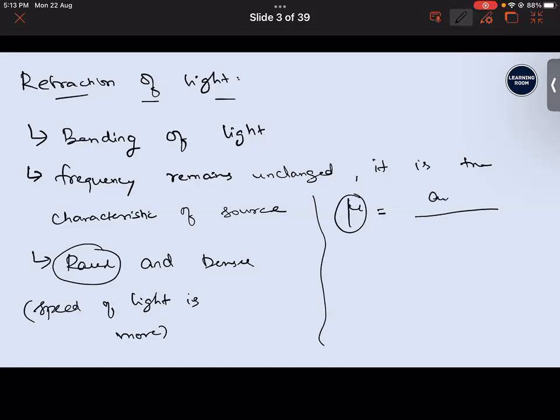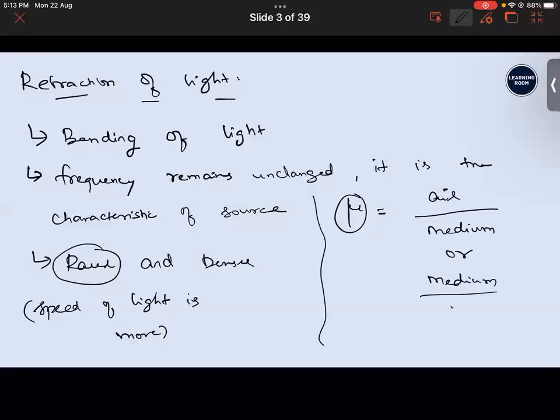So is it air by medium or medium by air? Air by medium. Why? Because I gave you that formula. But what is the reason? You should question the logic, no?